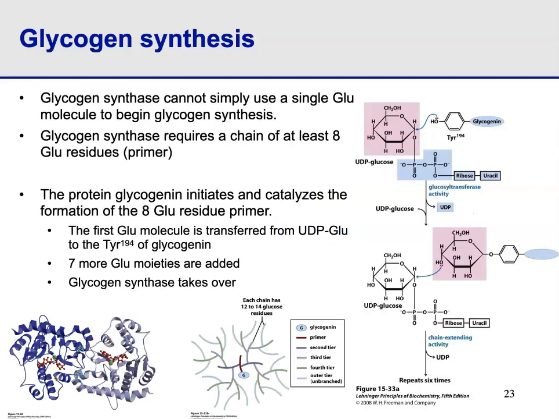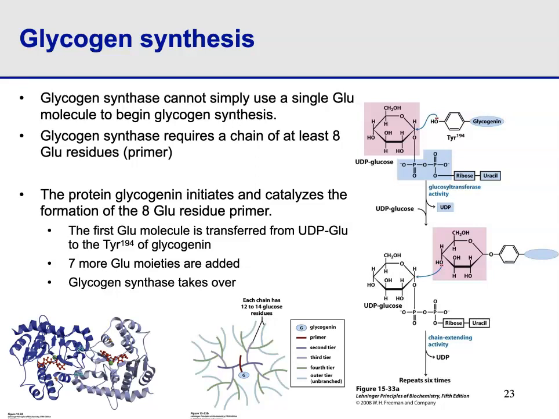Alright, so I told you that glycogen synthase cannot simply start to add one glucose to another. In order for glycogen synthase to start working and generate the full molecule of glycogen, it needs a so-called glucose primer, which is generated by at least 8 glucose residues.